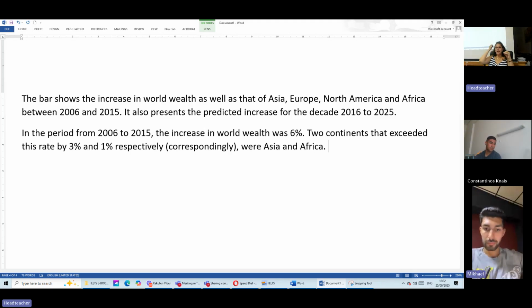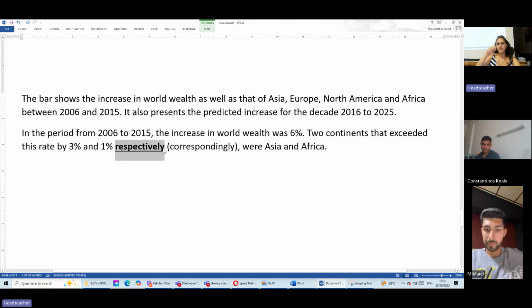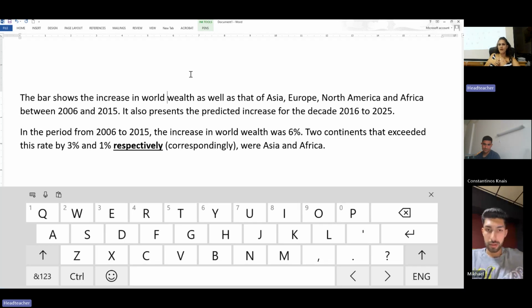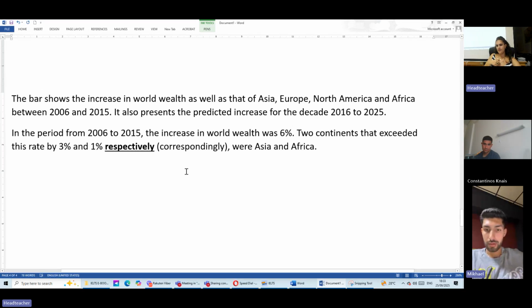So two continents that exceeded this rate by 3% and 1% were Asia and Africa. And what does it mean respectively, people? Respectively means correspondingly.